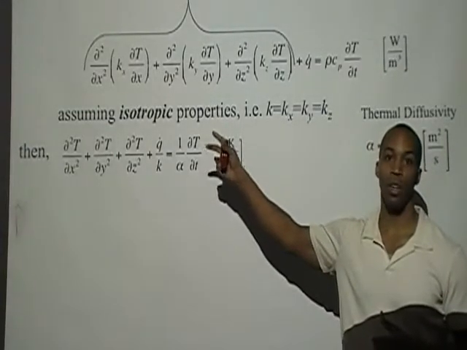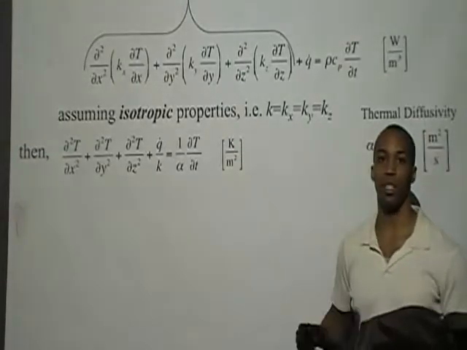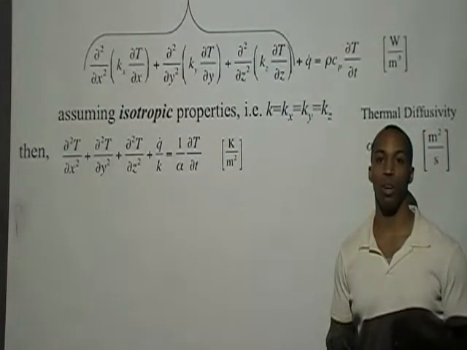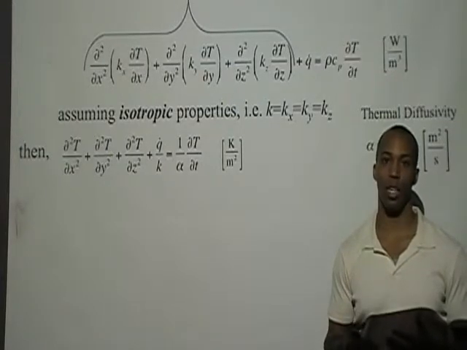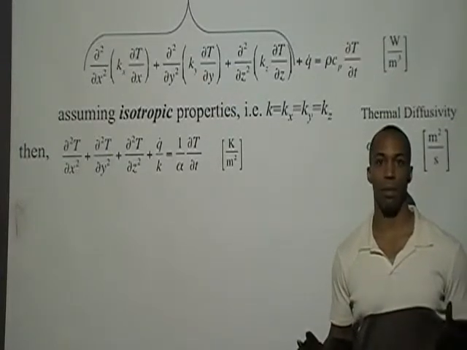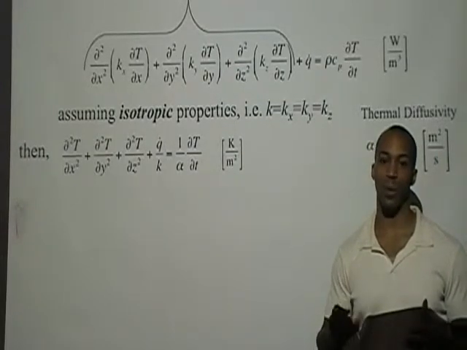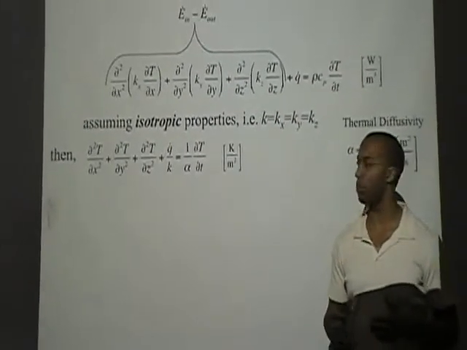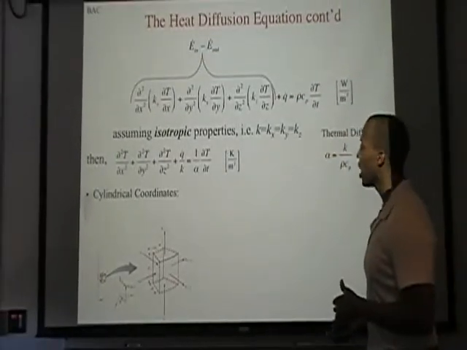We went from watts to watts per meter cubed, and now to Kelvin. Because ultimately what we want to solve for, what we're going to use the heat equation for, is to solve for the temperature distribution inside of the material. So this temperature distribution is a function of x, y, and z, and also time. So that's the heat equation.